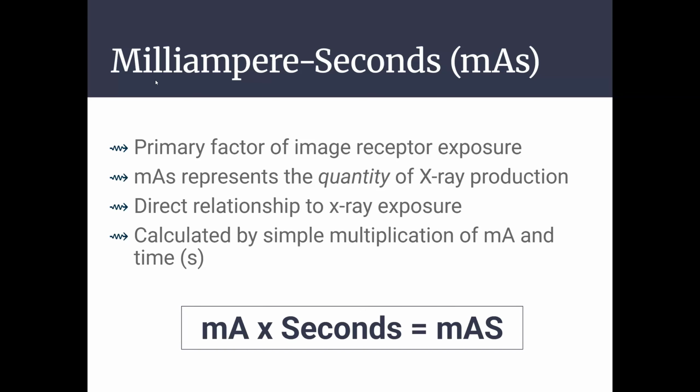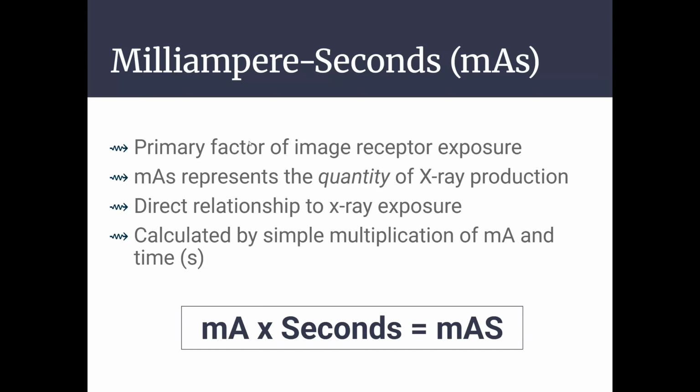So we're talking about milliampere seconds, mass. Again, it's a milliampere, which is the amount of exposure, multiplied by the time, which is measured in seconds. It's the primary factor of image receptor exposure. Mass represents the quantity of X-ray production.